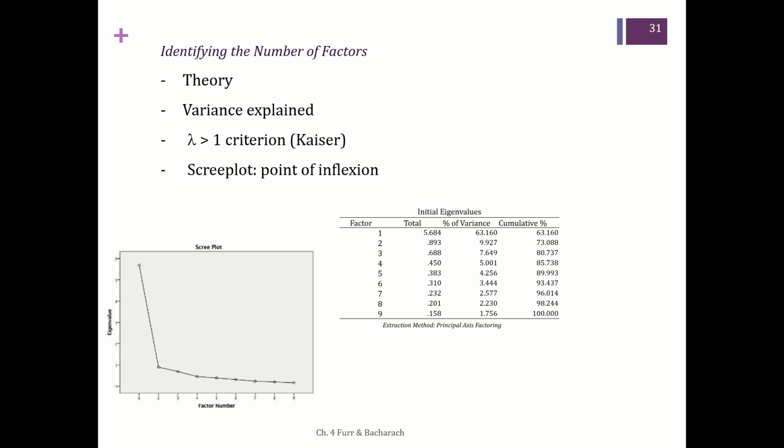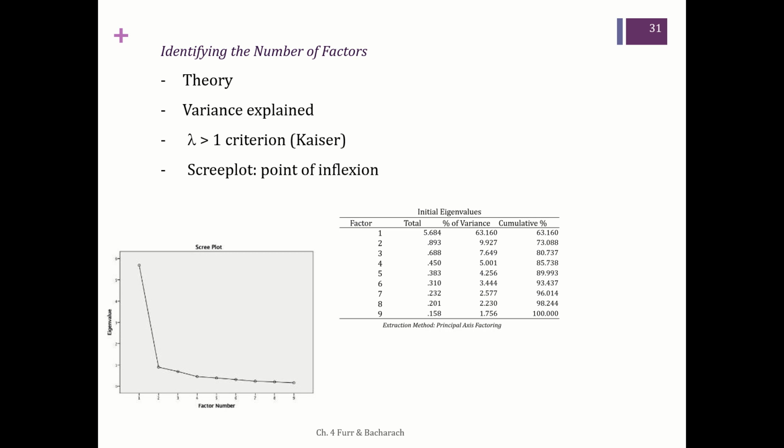As I said, there are several different ways, 4 in total: theory, variance explained, eigenvalue, so the Kaiser criterion, and the scree plot. But the last 3, so the variance explained, the Kaiser criterion and the scree plot, basically all use eigenvalues. They just display the eigenvalues in a slightly different way, but they all use the same information.